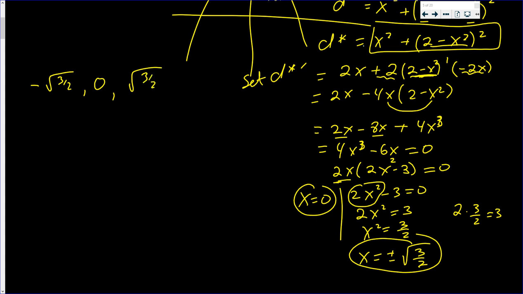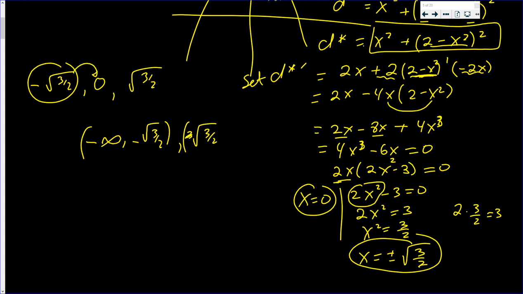So when it comes to our number line, we go from negative infinity to the smallest value, then from the smallest value to the next value. Then we go from 0 to the next value. And as you see, I ran out of space, so let me just lower that.